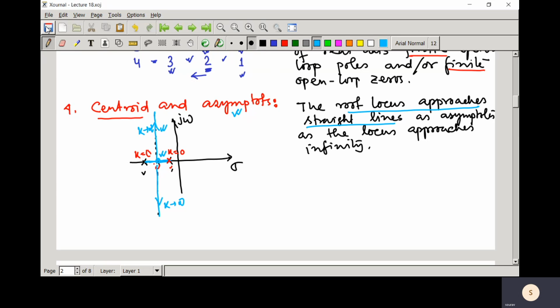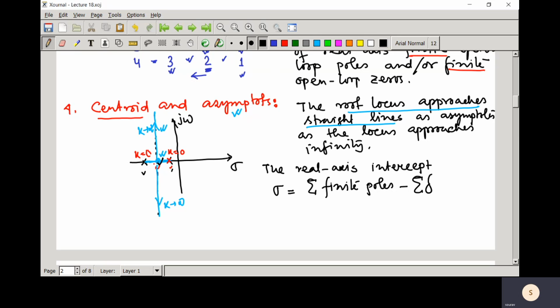So there is a formula called the real axis intercept. This particular point is denoted as sigma, that is the summation of finite poles minus the summation of finite zeros.